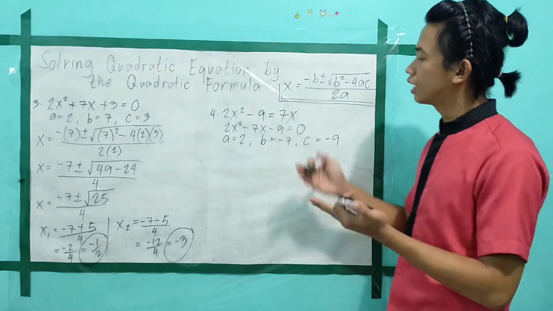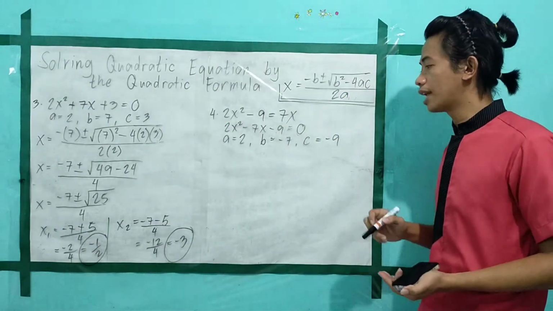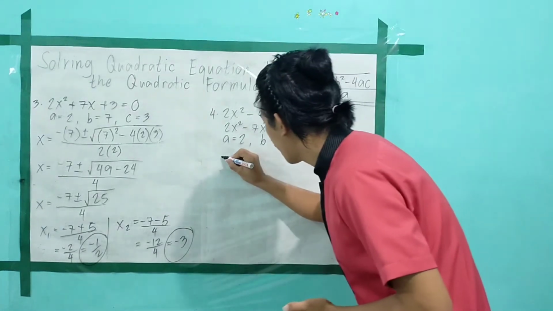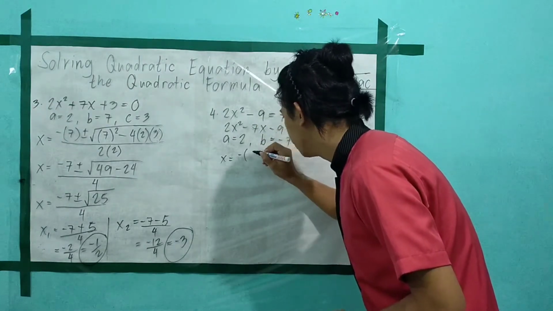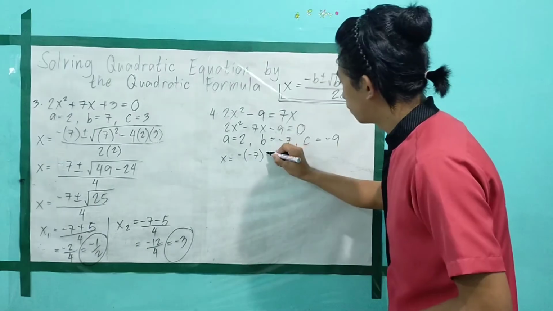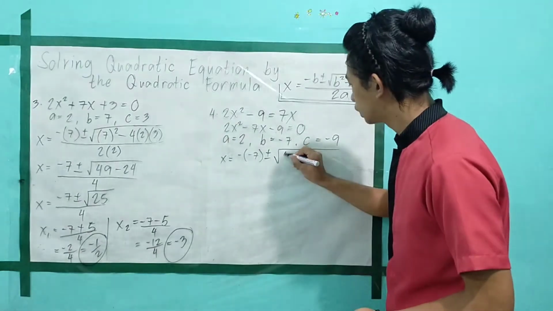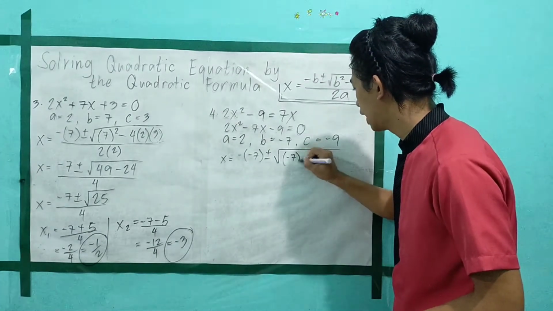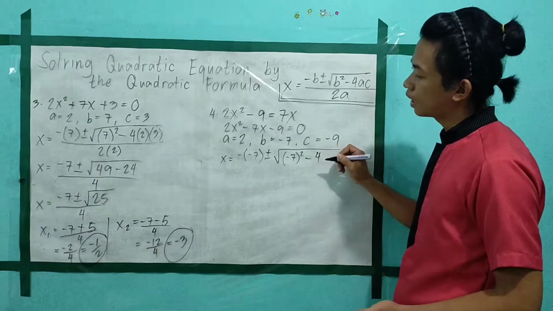Okay? Since nakuha na natin yung value ng ABC natin, substitute naman natin siya sa ating formula. So, we have x is equal to negative b. Ano yung b natin? So, we have negative 7 plus minus square root of b square. So, we have negative 7 square less 4 multiply to a.